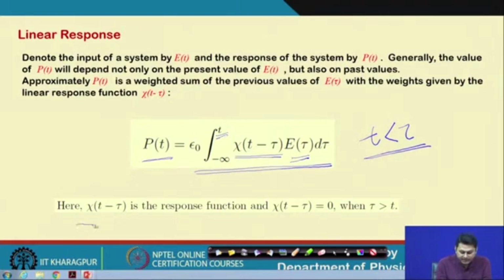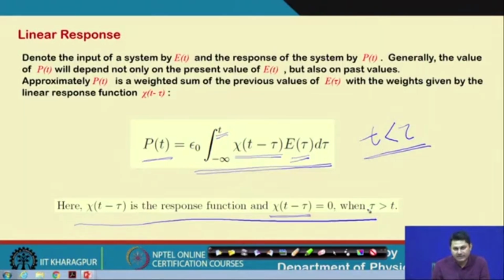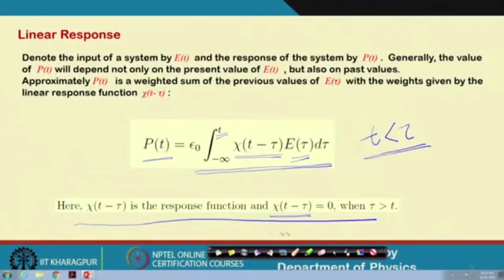That is why we write a statement here that my response function chi(t minus tau) has to be 0 when tau is greater than t. That means I should not have any kind of response before applying my electric field. So, that is naturally the causality effect. Because of this causality effect, my chi is 0 when the argument is negative.